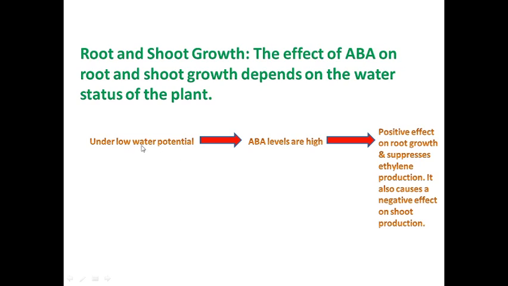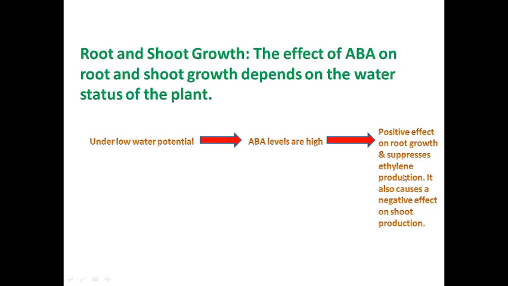When is the plant having low water potential? When the solute concentration is high. Under low water potential conditions, abscisic acid levels become high, and they cause a positive effect on root growth and suppress ethylene production.